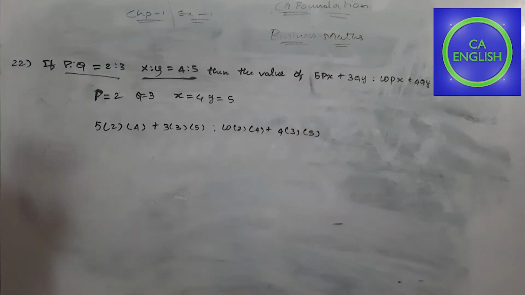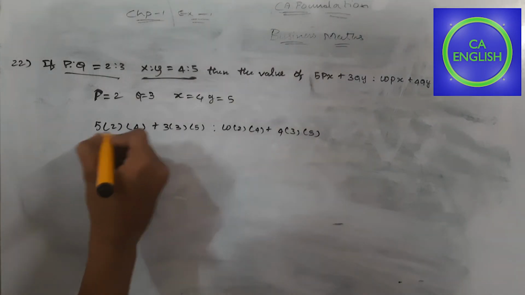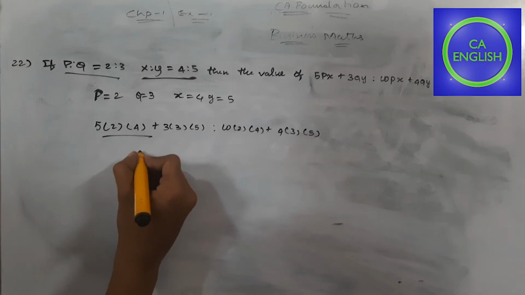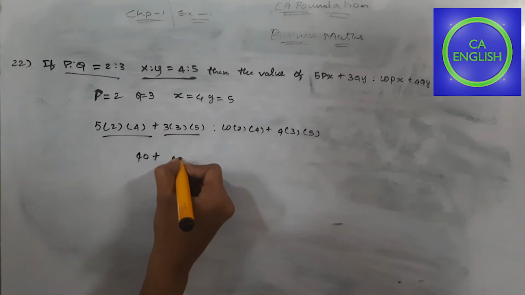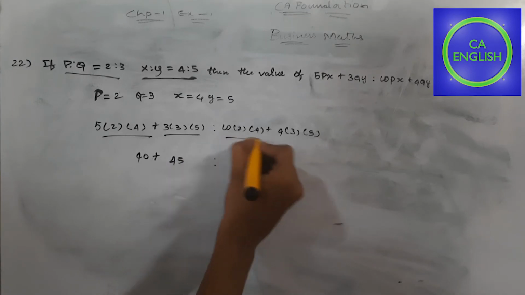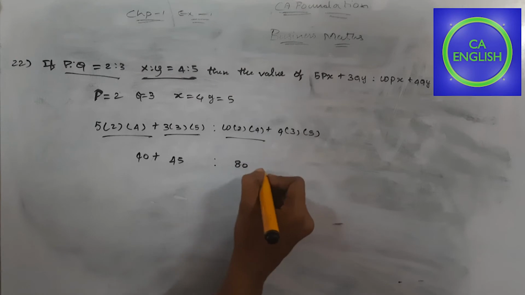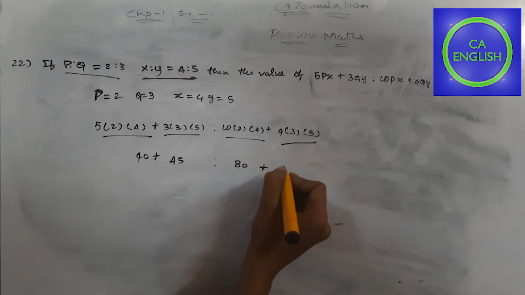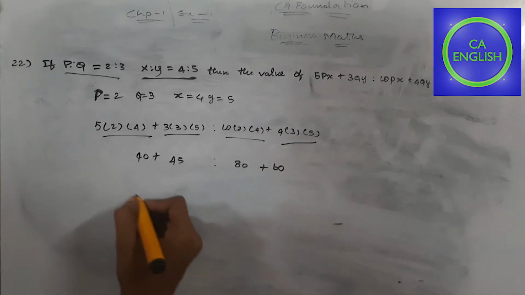Okay, these are the given values that we have applied. Next just multiply it, it becomes 40 plus 45, it becomes 80 and it becomes, I think, 60. Yes, 60. Okay, just add it.